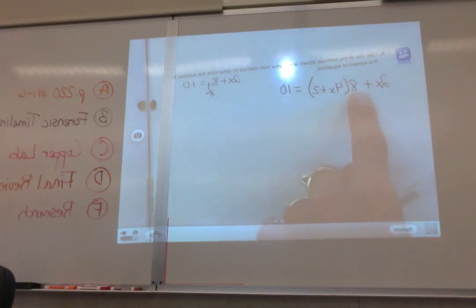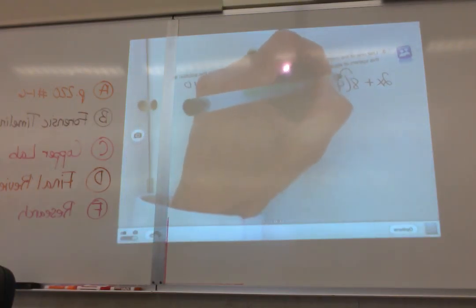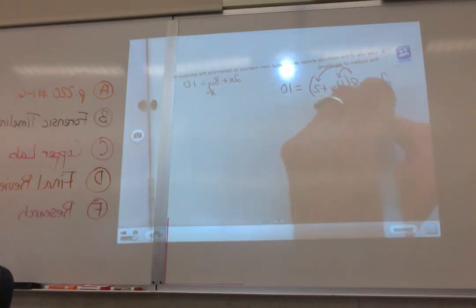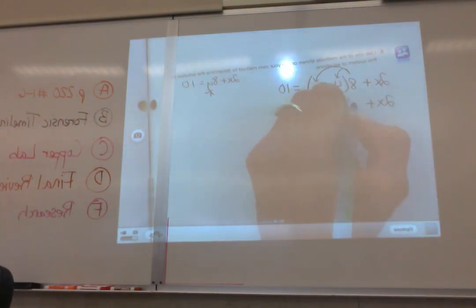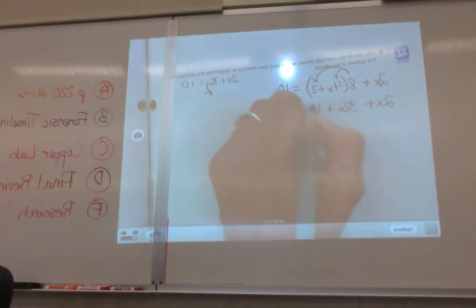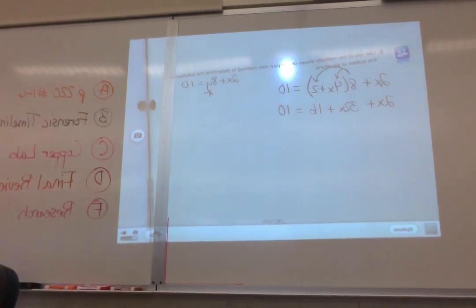What do I do with an 8 out in front? Distribute. Times here and times there. 8 times 4, 8 times 2. Now, ultimately what I'm trying to do is get x's on one side, numbers on the other, so I can find an x equals.